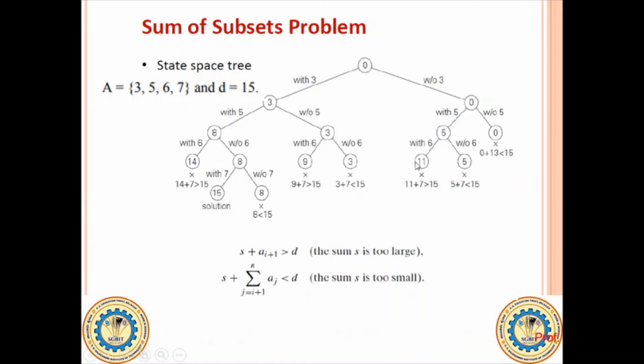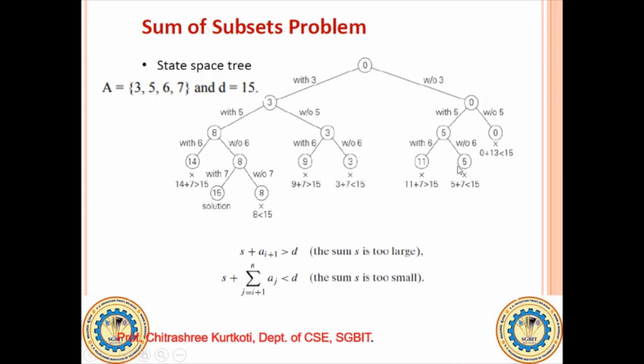Next, with 6 it will be 11. Okay, 11 plus 7 will be greater than 15, hence it will become non-promising. Here without 6 but with 5, that time it will be 5 plus 7, which is 12, less than 15, hence it is also a non-promising node.